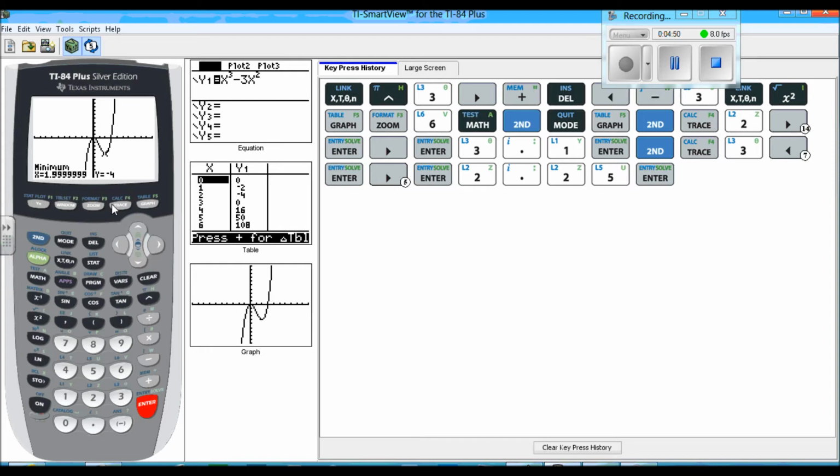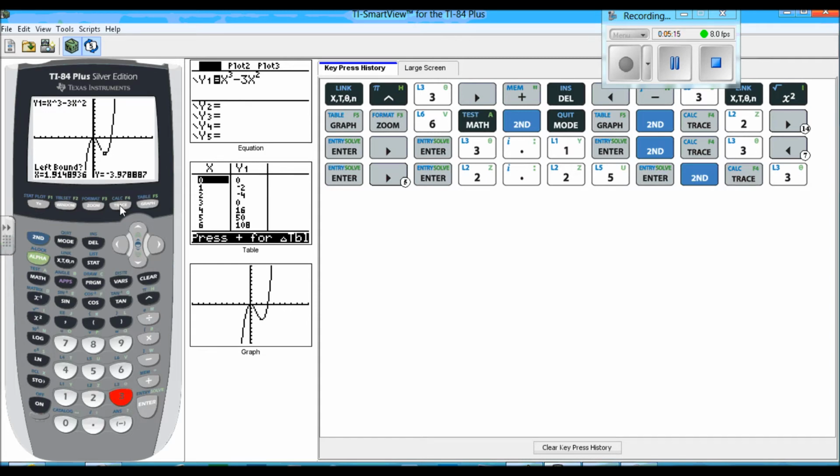So that's a rounding error by the calculator, actually. It's exactly 2. If you suspect it's exactly 2, and it tells you 1.99, what should you do? Well, you should go back and guess 2 and see if it tells you it's 2. So second calc, minimum. Now let's try this again.